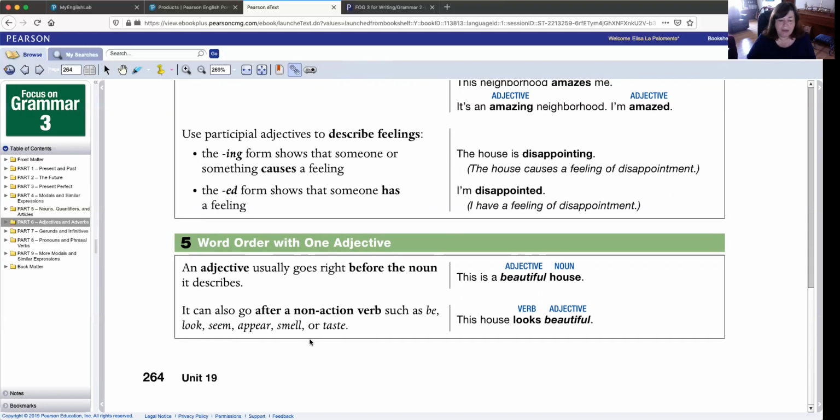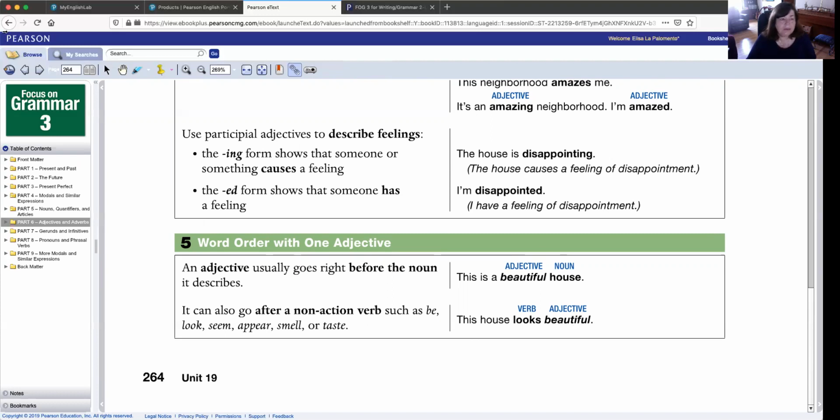But if we say the coffee smells good, now it's a non-action verb because the coffee is not the one that is smelling, okay? The coffee can't do that. So these can be action verbs or non-action verbs. This house looks beautiful, not an action verb here because the house is not looking, okay? This means the house appears beautiful.